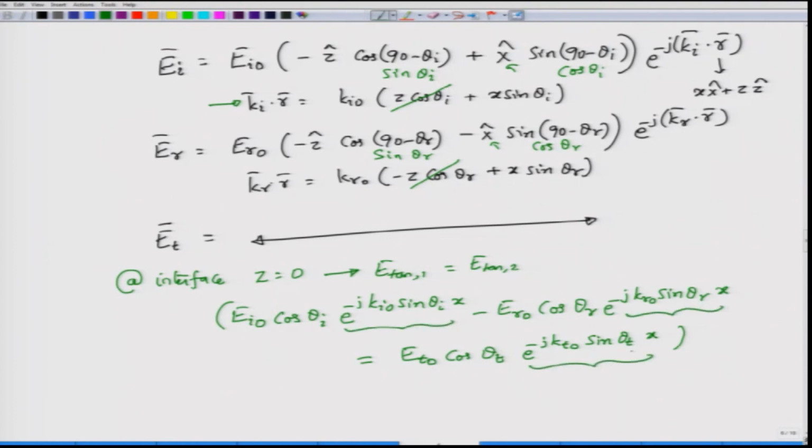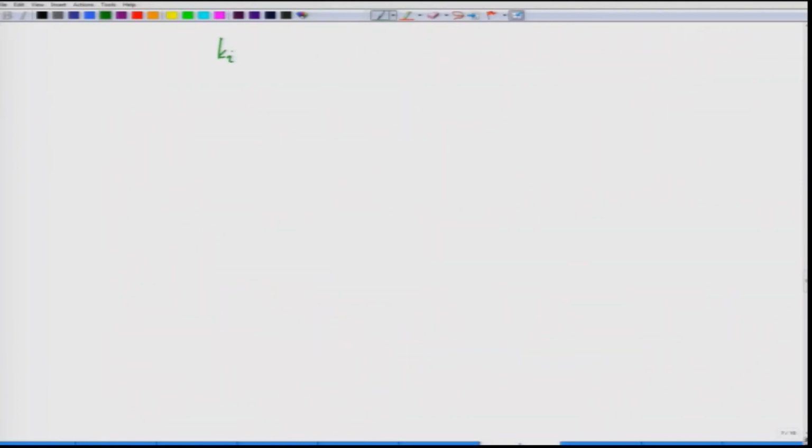For this condition to be satisfied for any value of x, the only way is that we satisfy the phase condition, that is k_i0 sin theta i equals k_r0 sin theta r, which is equal to k_t0 sin theta t.